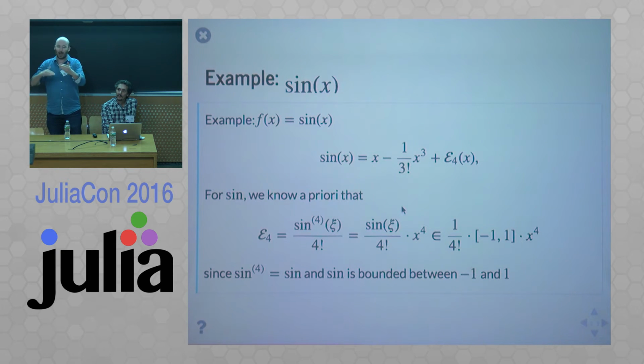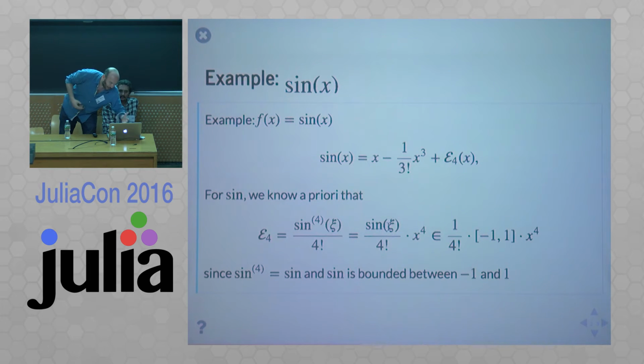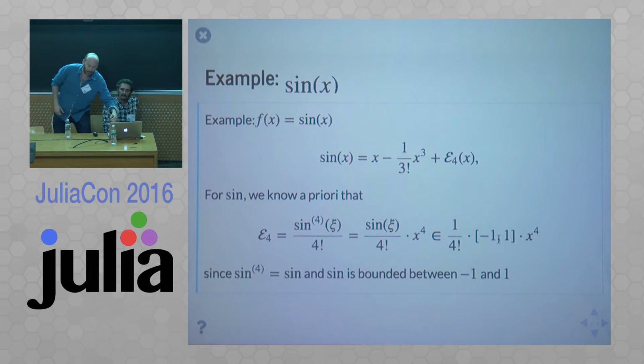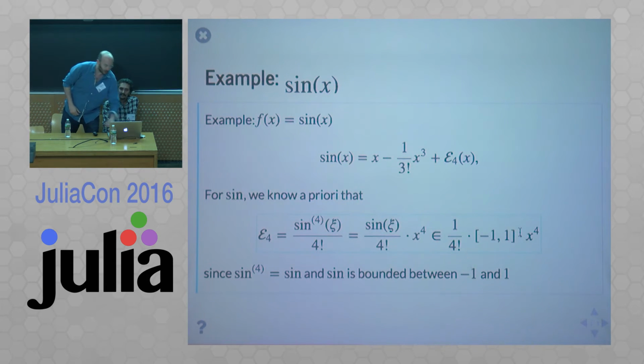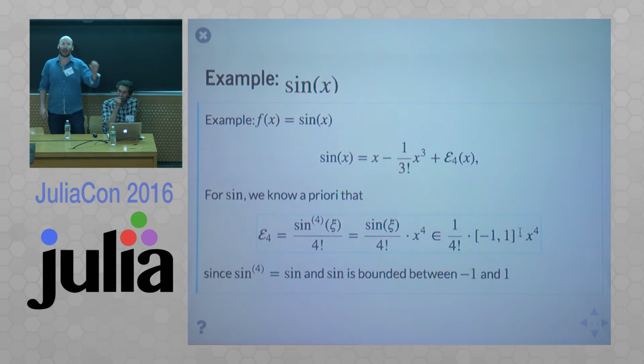But we know how to bound sine: for any value of xi, even anywhere in R, sine of that thing is between -1 and 1. So here's the interval -1 to 1. This is a mathematically correct statement. And now what we need to do is work out how to tell the computer that.